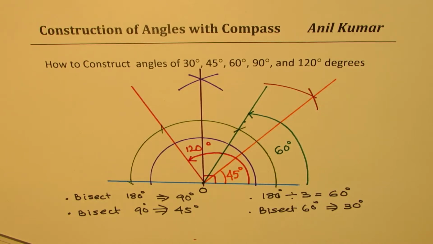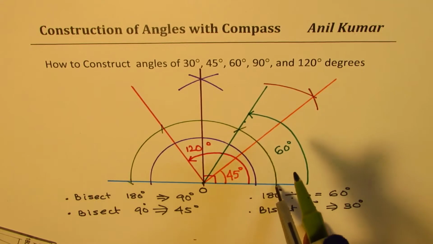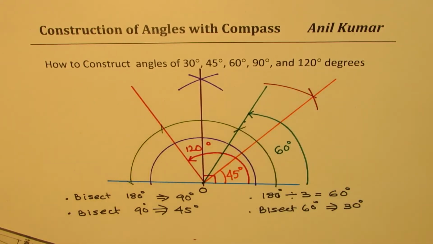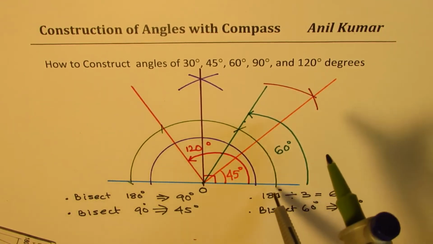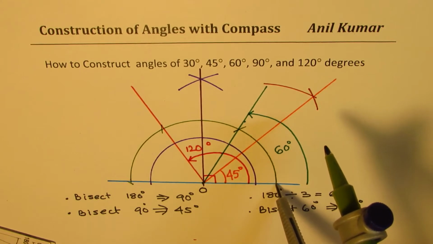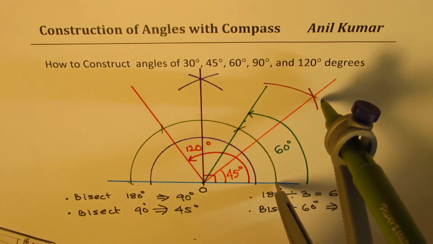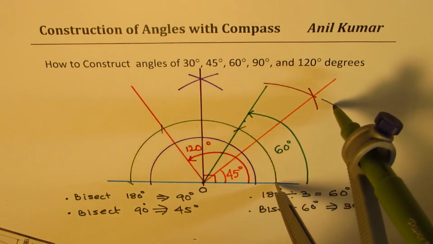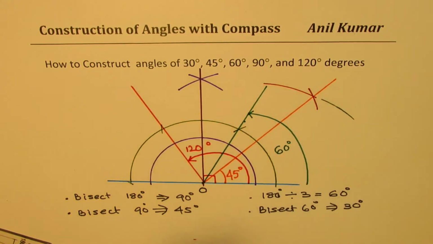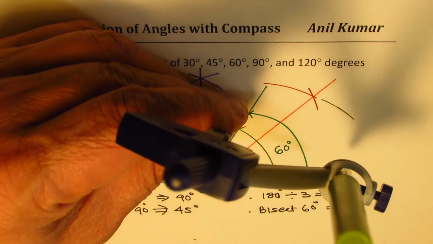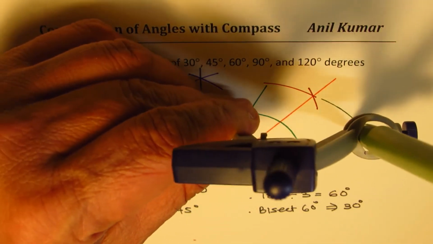So let's see how to bisect 60 degrees and get 30 degrees. Okay, so we'll start with the 60 degrees angle arc, which is right there. We have 2 points here, right? So we'll place our compass at one of these points and then mark somewhere in between, let's say this, right? And then we'll place it on the other point and then again cut it across.